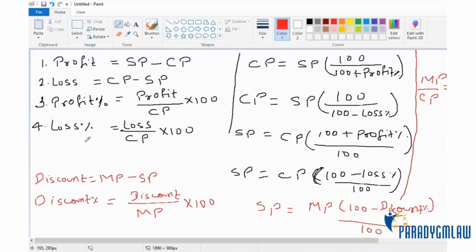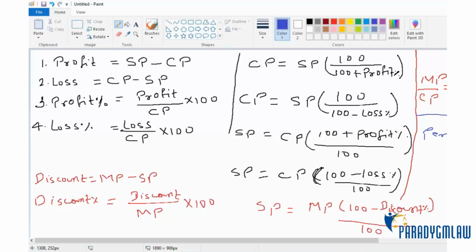See, suppose I'm taking an example that a pen is marked 100 rupees, say dollar, suppose $100. The mark price of the pen is $100.